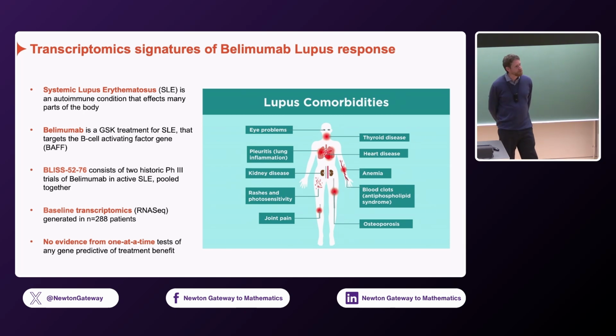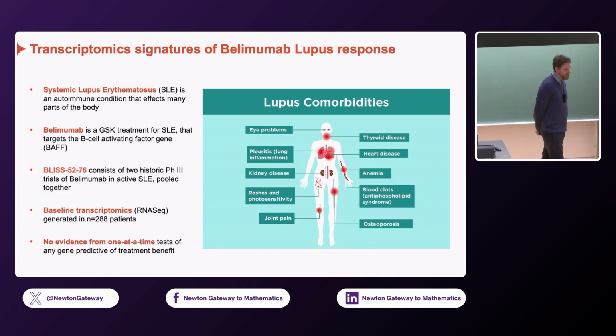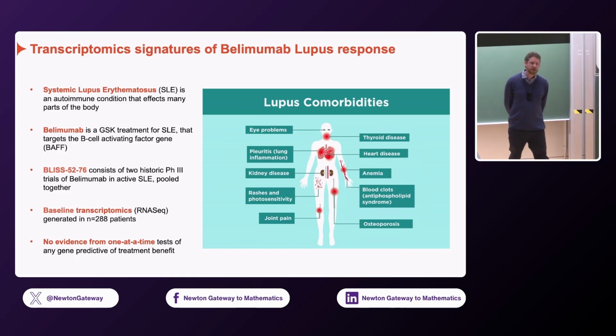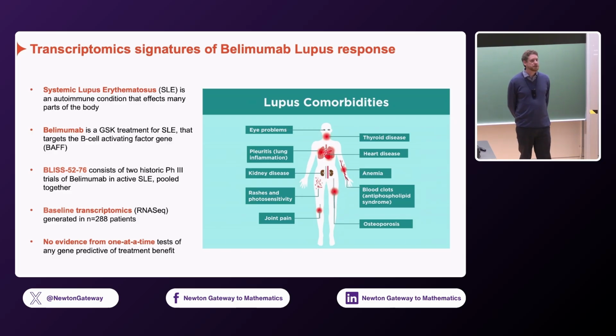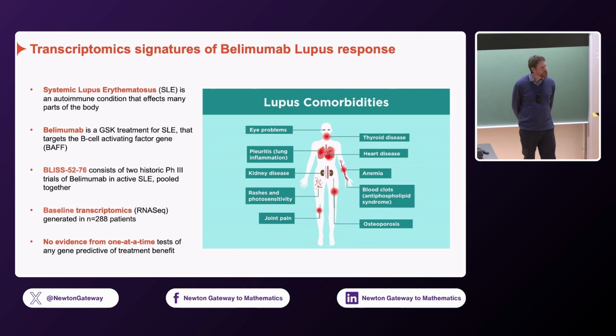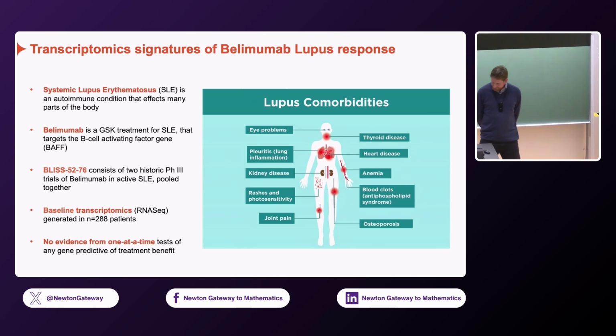It targets BLyS or BAFF, which is a protein involved in the life cycle of B cells, which are a white blood cell, and there's a theory that this is overexpressed in lupus patients, and that these B cells are not dying naturally as they should, and so end up attacking the body. So this treatment targets those.